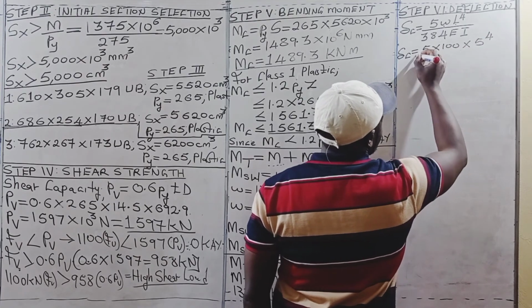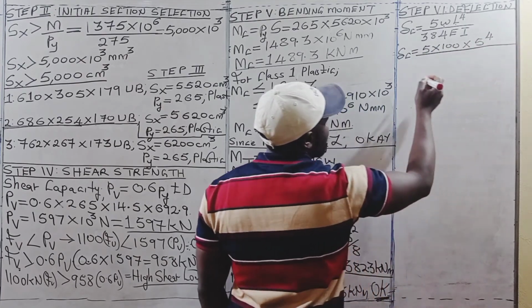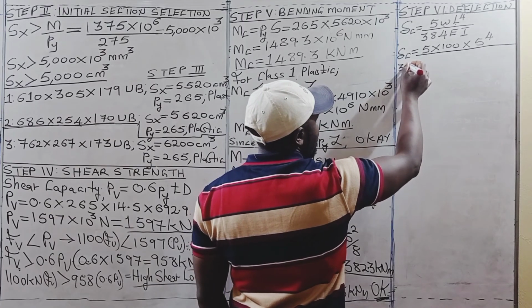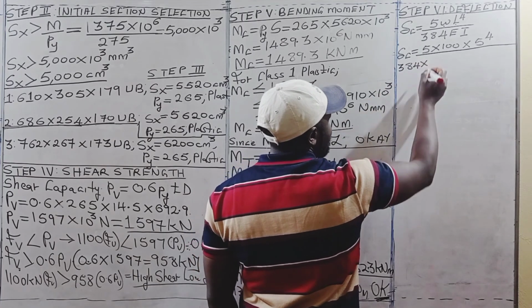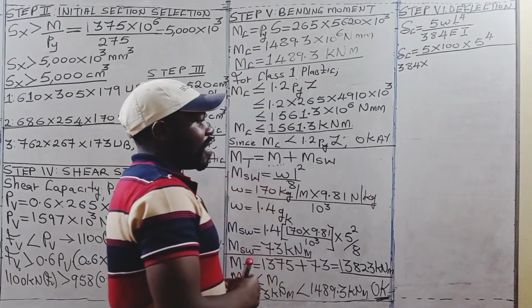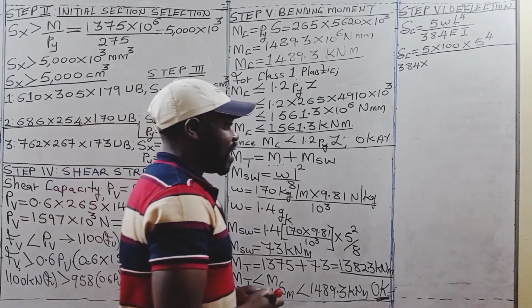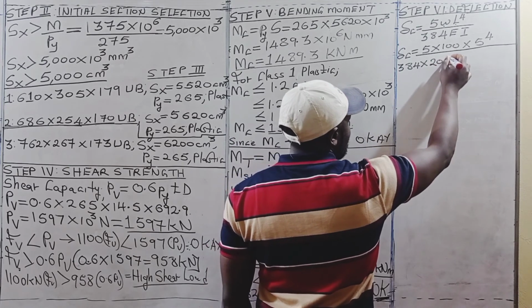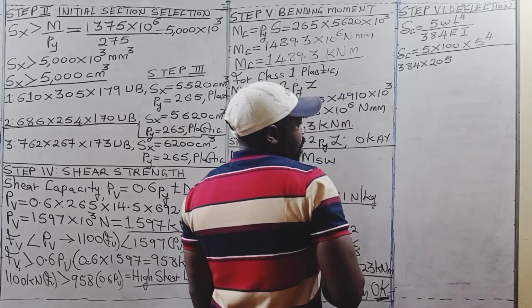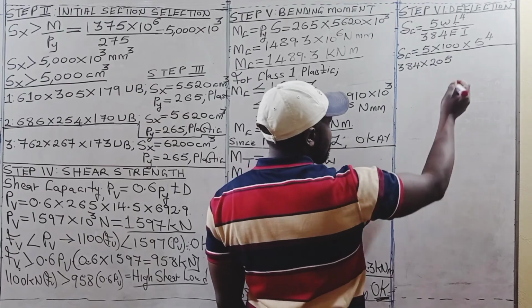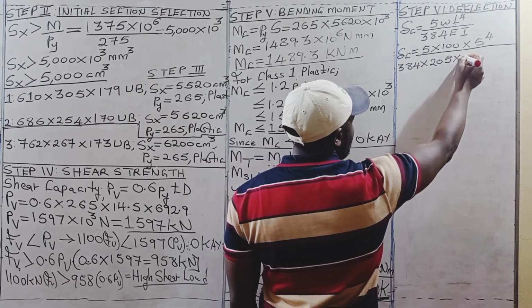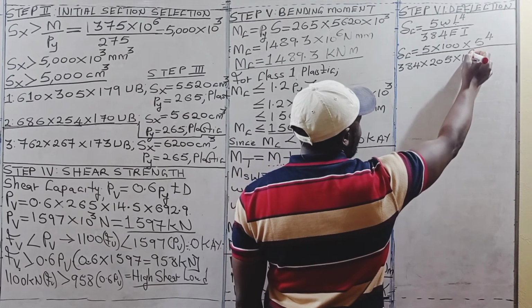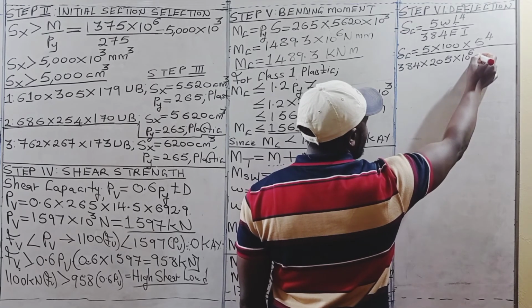Therefore, 5 raised to the power of 4. We divide this by 384 times the elastic modulus of steel, which is usually given by 205, multiplied by 10 raised to the power of 6.